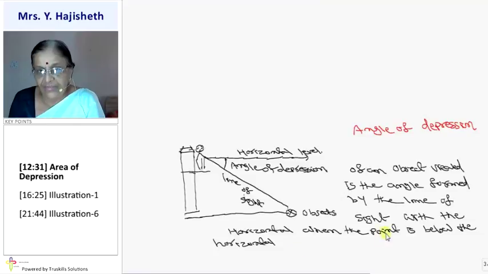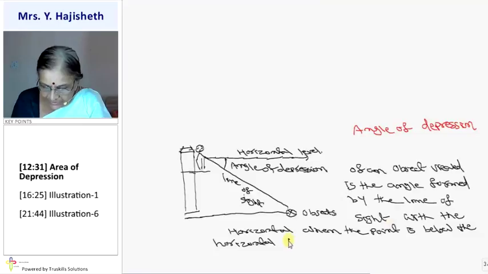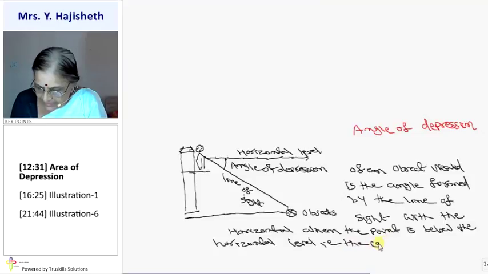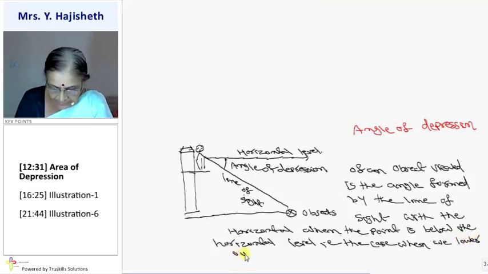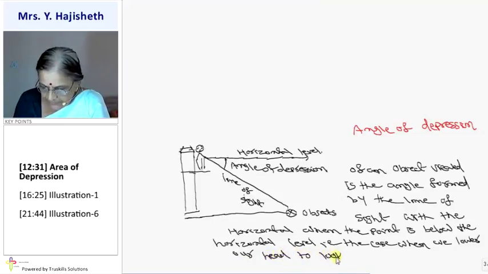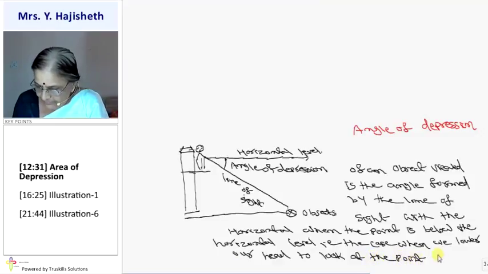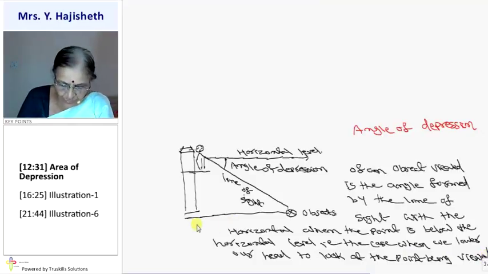With the horizontal, when the point is below the horizontal level, that is the case when we lower our head to look at the point being viewed. Clear? See figure number 2.